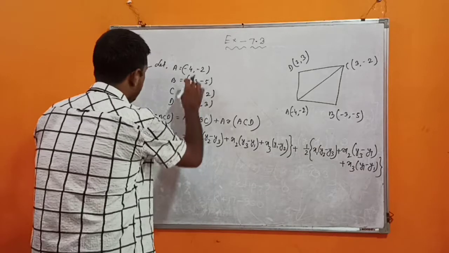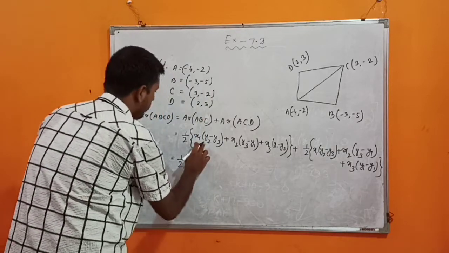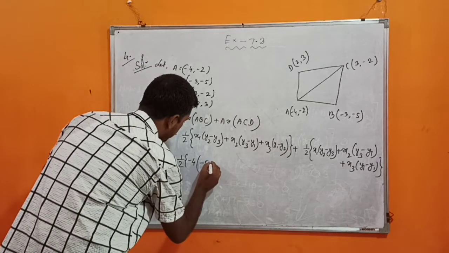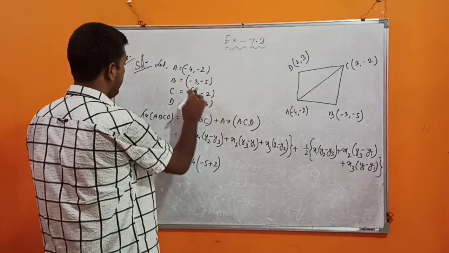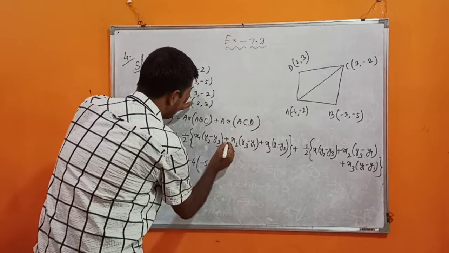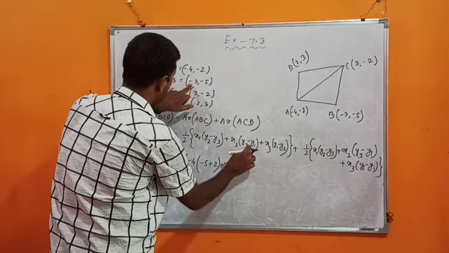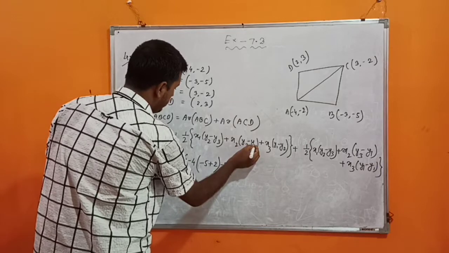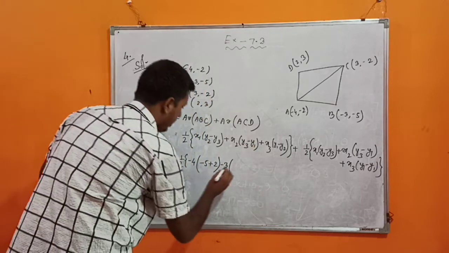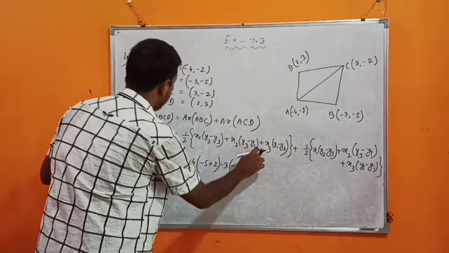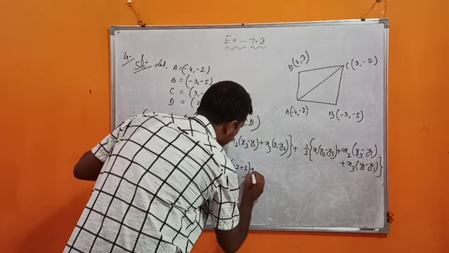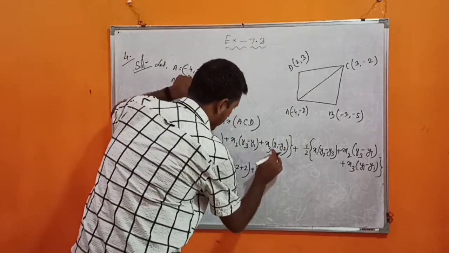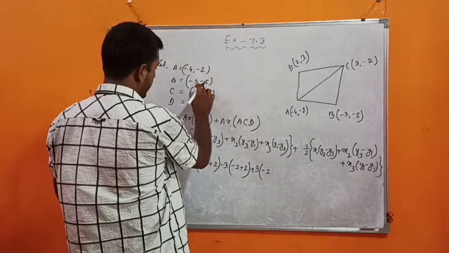So x1 here is -4, times y2 minus y3; y2 is -5, y3 is -2, that is -5 plus 2. x2 here is -3, so plus -3 into y3 minus y1; y3 is -2 and y1 is also -2, so -2 minus -2, that is -2 plus 2. x3 here is 3, so 3 into y1 minus y2; y1 is -2 minus 5, -2 minus -5, that is plus 5.